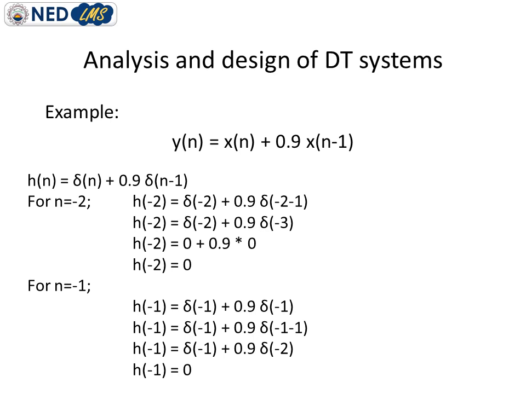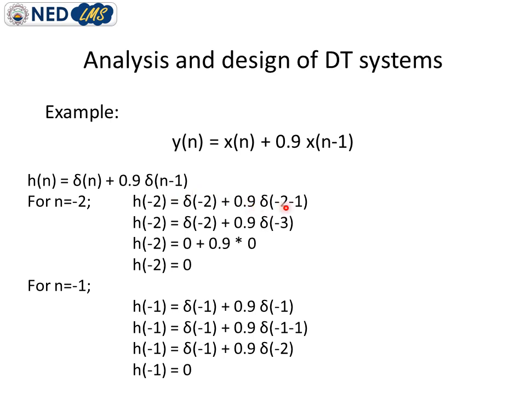Here n is replaced by -2, so delta of -2, and delta of n minus 1, which means delta of -2 minus 1. So we only replaced n with -2. By doing so, we end up with delta of -2 plus 0.9 delta of -3.